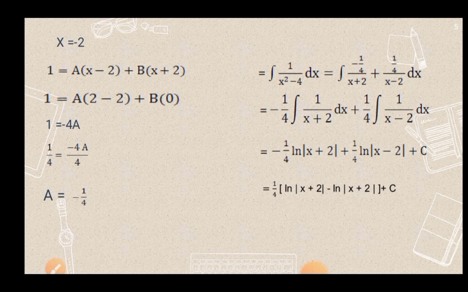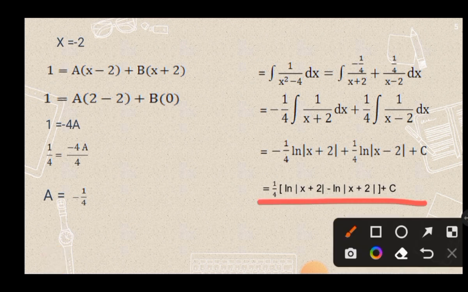Using the formula for the integral of 1 over x dx, we get negative 1 over 4 ln of x plus 2, plus 1 over 4 ln of x minus 2, plus C. So our answer will be 1 over 4 ln of x minus 2 minus 1 over 4 ln of x plus 2, plus C.